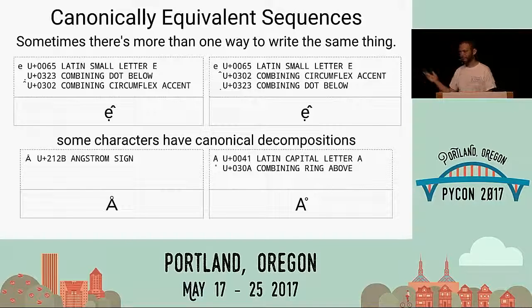So some legacy encoding made angstrom sign a separate character from just A with a ring. Even though that doesn't really make sense, we don't have characters for meter sign, it's just M. You just use lowercase m. So Unicode encodes it, but it has a canonical decomposition, which is basically saying it's always exactly the same as this other sequence. In this case, a capital A with a ring above it.